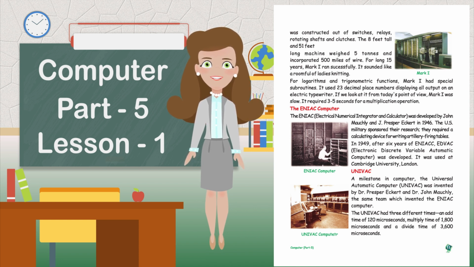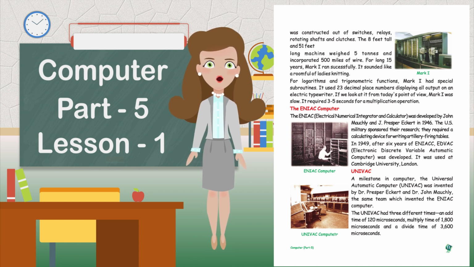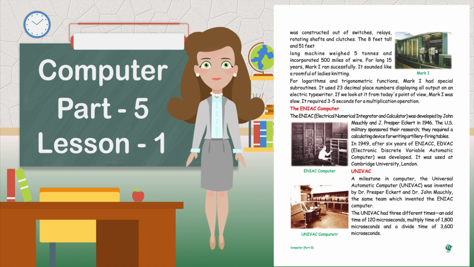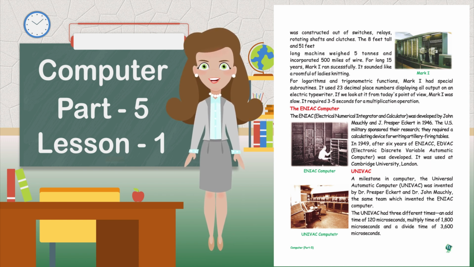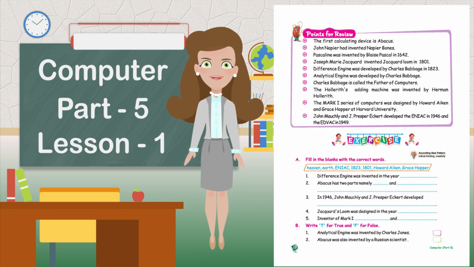The UNIVAC had 3 different times: an add time of 120 microseconds, a multiply time of 1800 microseconds, and a divide time of 3600 microseconds.